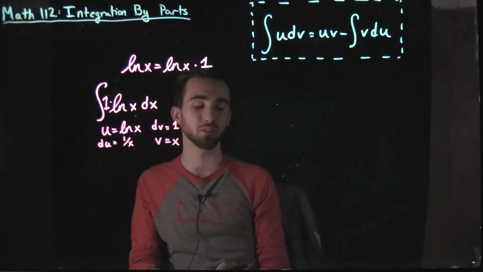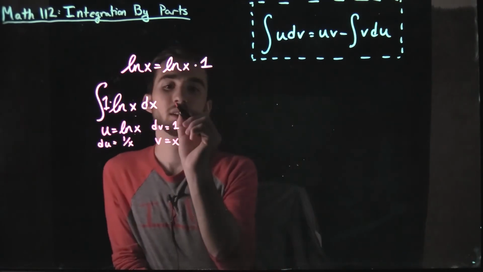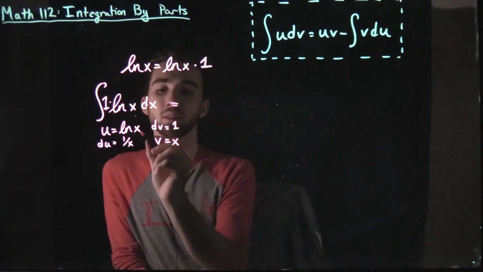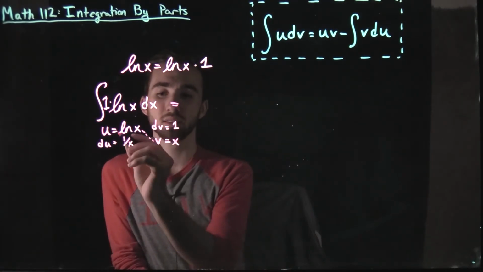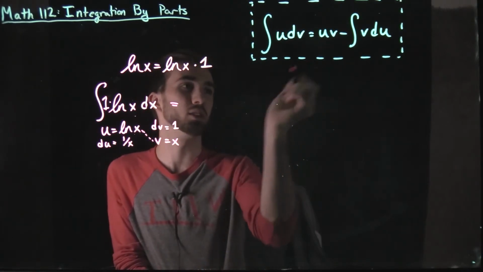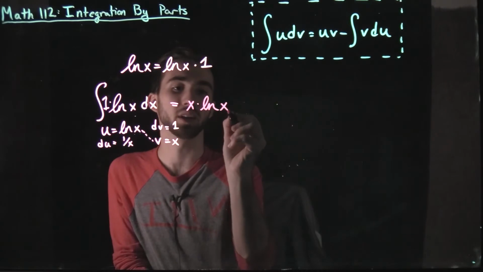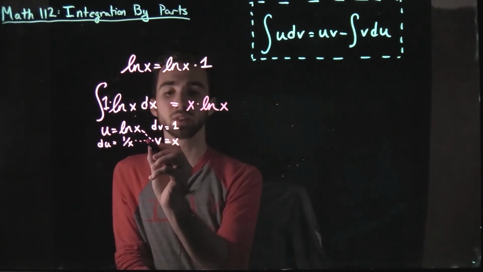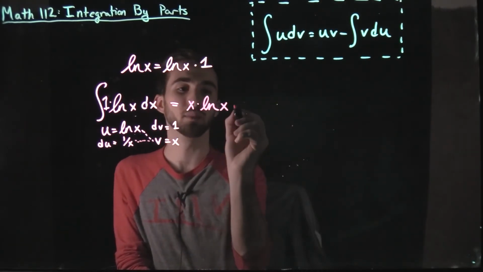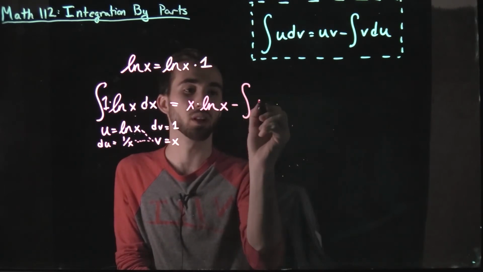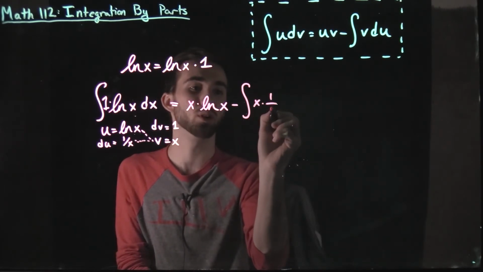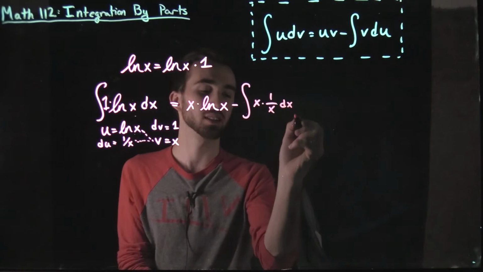Now you might be a little confused, like, where is this going? Well, we get this really nice thing happen. First we get our uv, x times ln of x. And then when we do our integral, look what happens. Minus the integral of x times 1 over x dx.